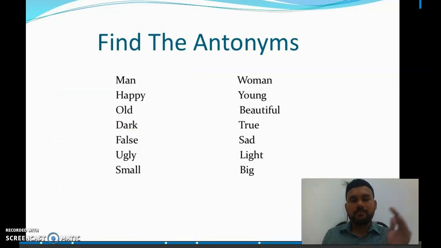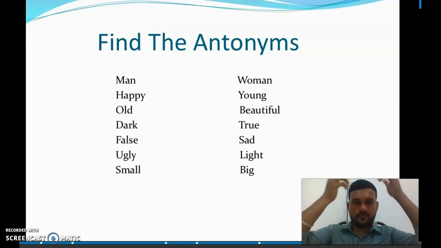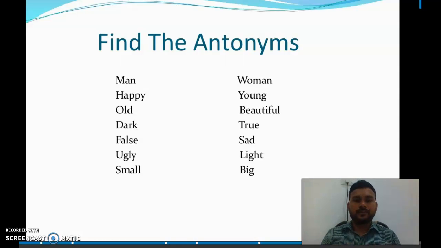And try to match antonyms. On the left side 7 words are given, and on the right side some words are given. You try to match them. Are you doing this? Yes.